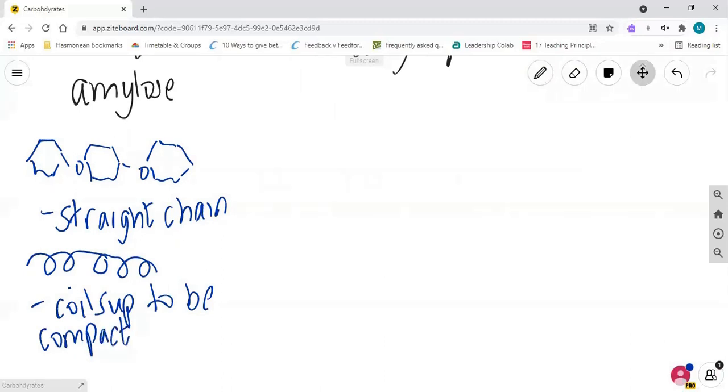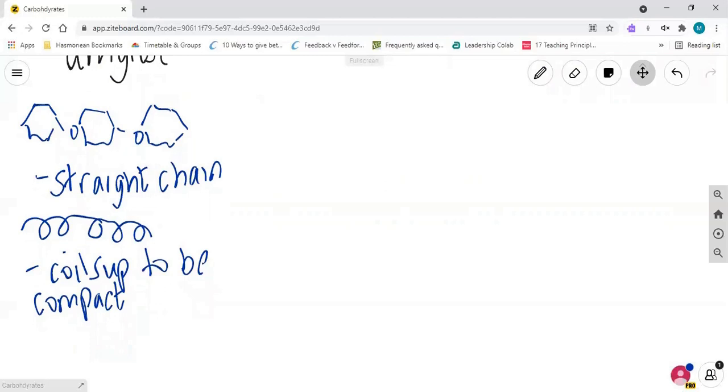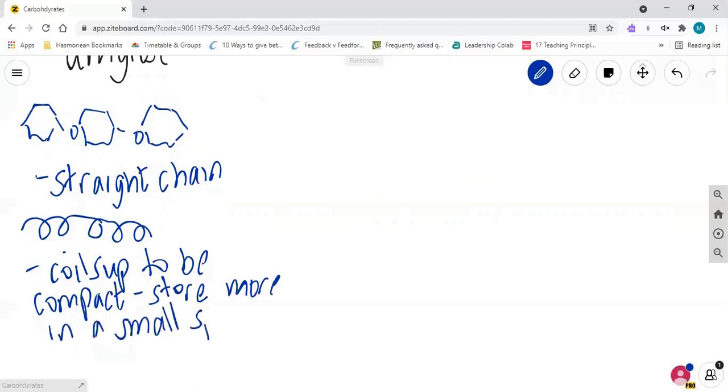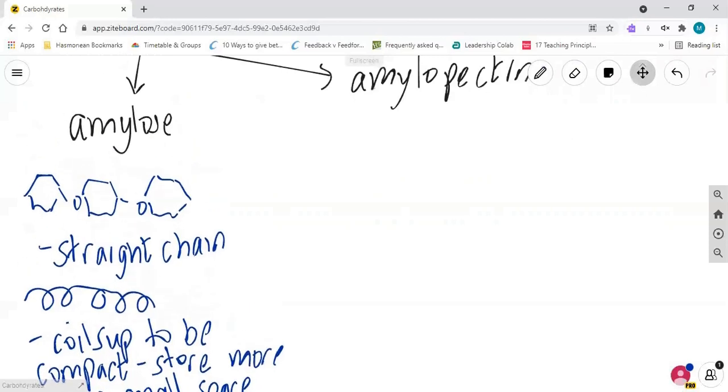Okay, if you're compact, that means you can store more in a small space. It only contains our 1,4 glycosidic bonds, yeah, because there's carbon number 1, carbon number 4. It's only got our 1,4 glycosidic bonds.